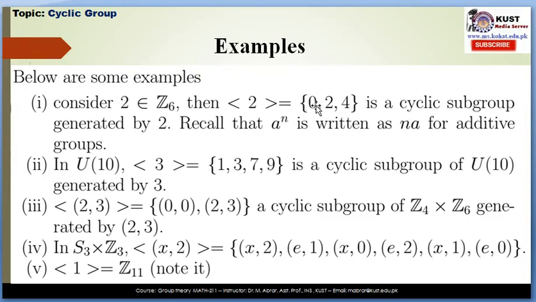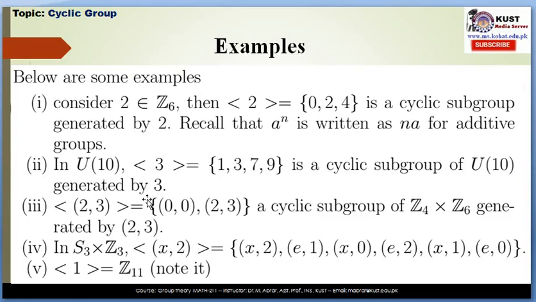So we see we will get 0, 2, 4, so we say it's a cyclic subgroup generated by 2. Similarly, in case of U10, if we take element 3, because it's a group under multiplication, we have to compute the powers of 3 with respect to multiplication, so we see we get nothing but 1, 3, 7, 9, so it becomes a subgroup generated by 3.